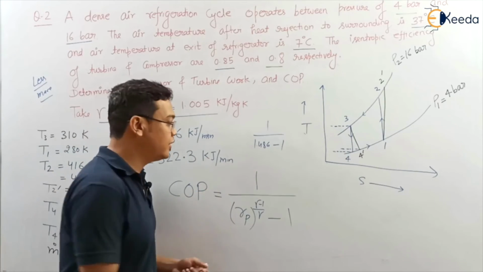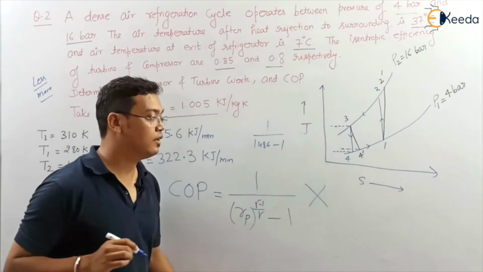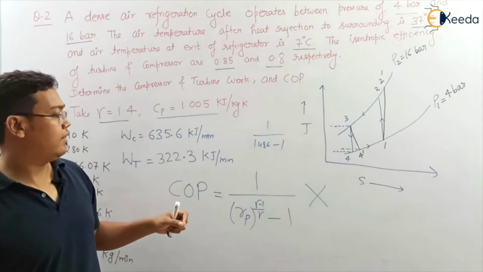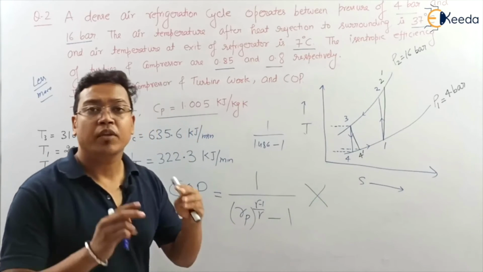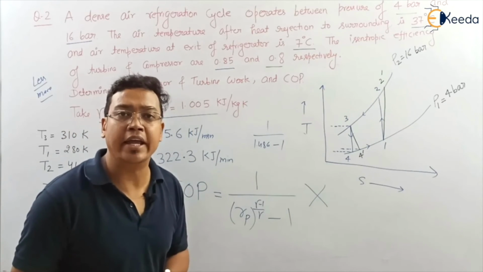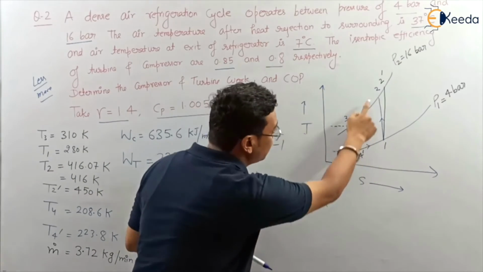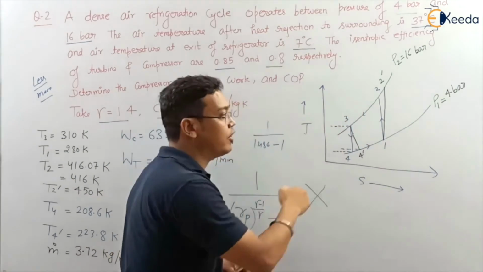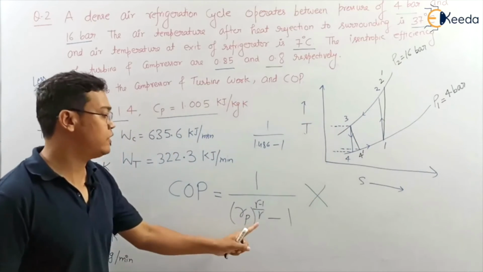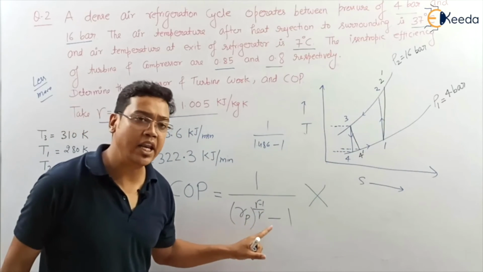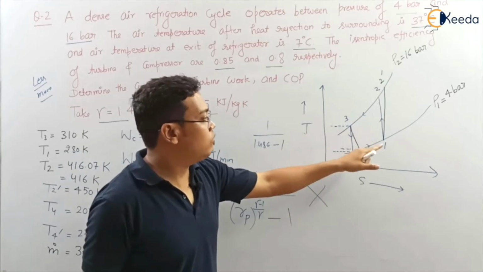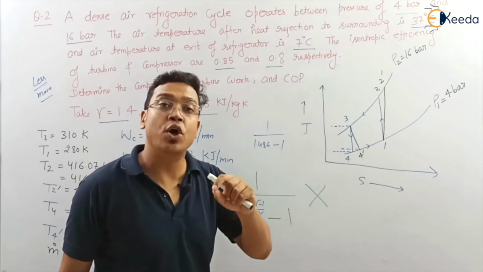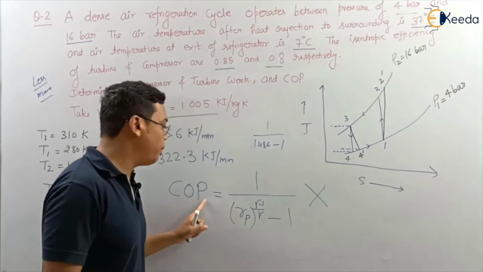No. This formula will not work here. I have already told that this formula is for the ideal reverse Brayton cycle, that means processes 1-2 and 3-4. If processes 1-2 and 3-4 are involved in a cycle, then this formula will be used. But here the actual processes are 1 to 2 dash and 3 to 4 dash.